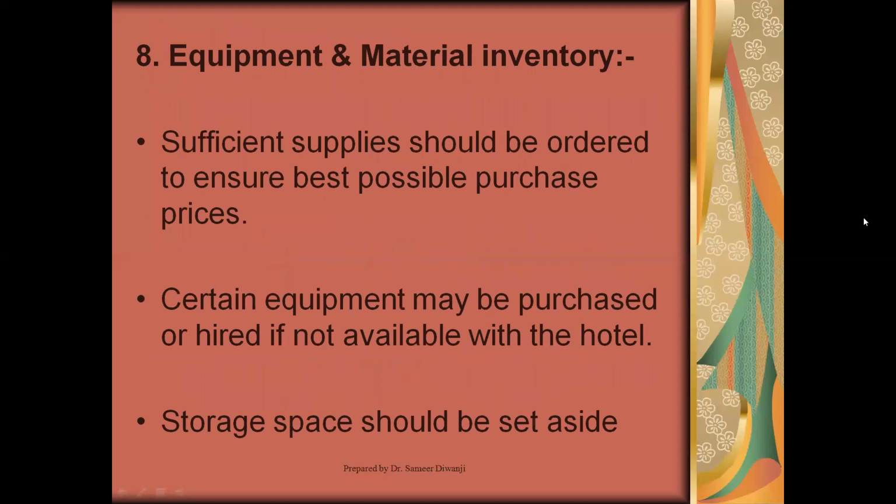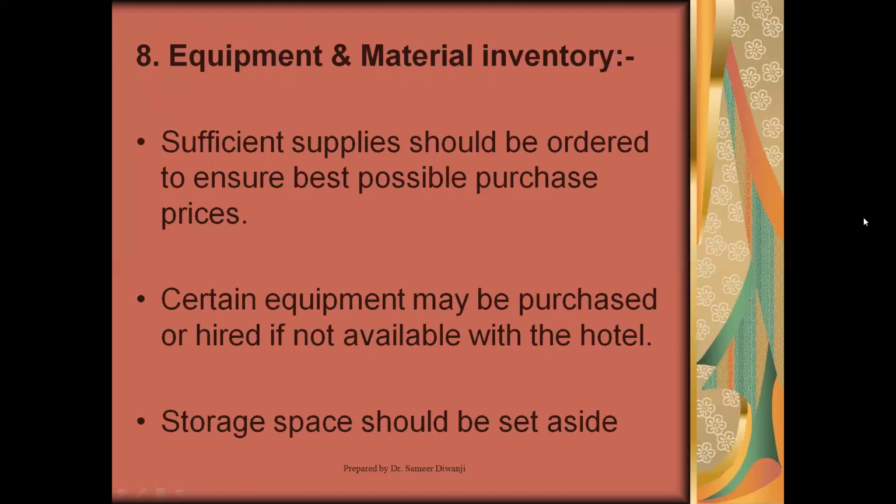Equipment and material inventory. Sufficient supply should be ordered so that you get the best possible price, so that your budget is in control and there's a buying discipline, we call it. So there has to be this buying or purchasing discipline. It's not haphazard, it's completely planned, phased, structured, and you've negotiated the best possible deal or rate.